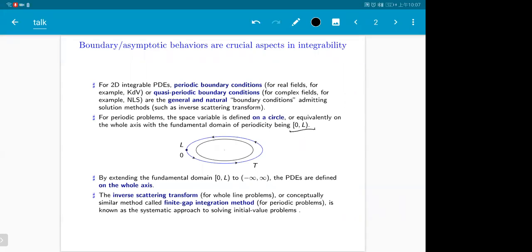Then the problem on the full line can be thought of as a periodic problem by extending the fundamental domain to minus infinity to plus infinity. The idea of inverse scattering transform, or the conceptually similar method called the finite gap integration method, are known to be the systematic approach to solving initial value problems for this kind of models.